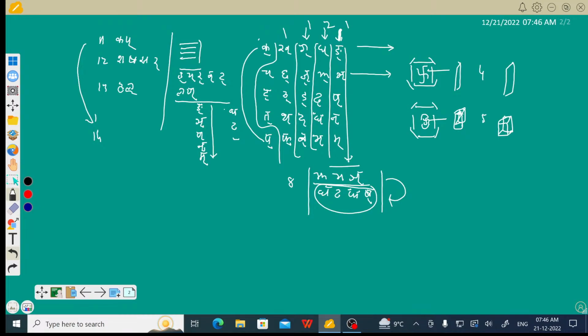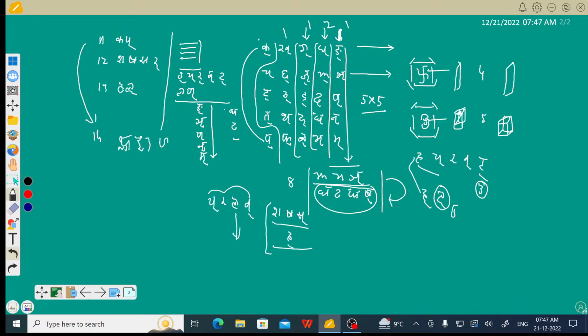And also one interesting feature is that the first sutra is having its Anubandha, Na, and the sutra La, Na is also having the same Anubandha.